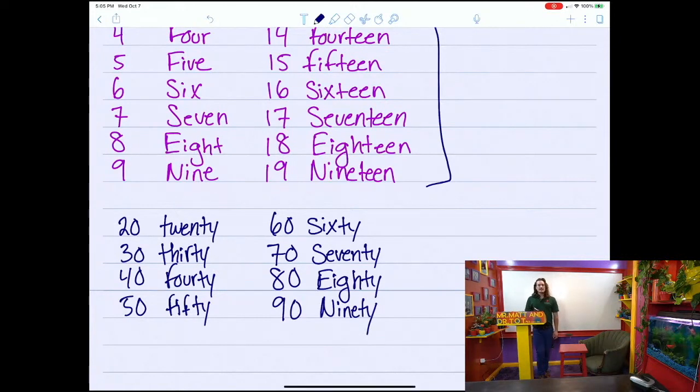Now, if we want to create any two-digit numbers that have a tens and a ones digit, that's where you need to hyphenate. So there always needs to be a hyphen between the tens digit and the ones digit.